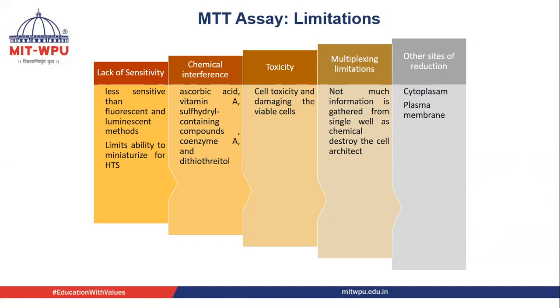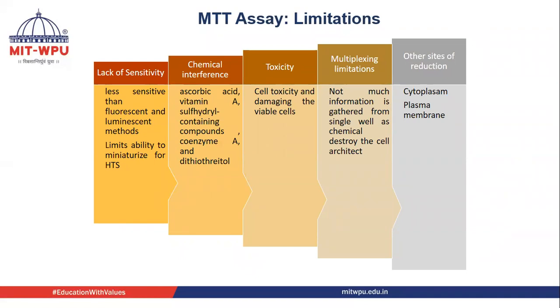MTT has cell toxicity, and it can damage the viable cell also. Then multiplexing limitations: not much information is gathered from the assay because MTT destroys the cell architecture. So other than getting formazan, we will not be able to get other information from this.